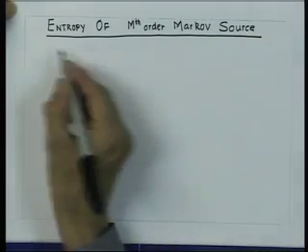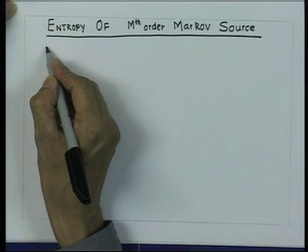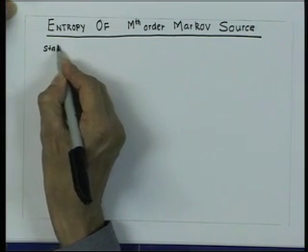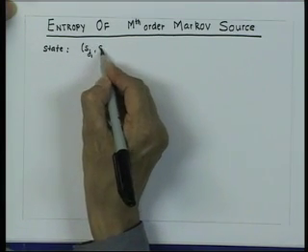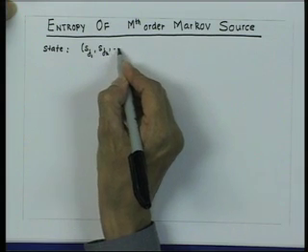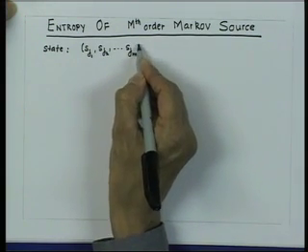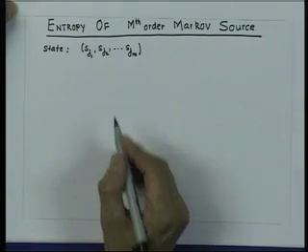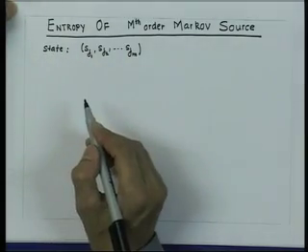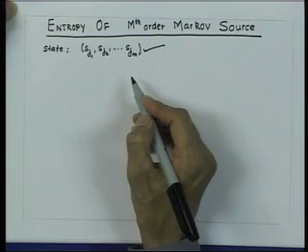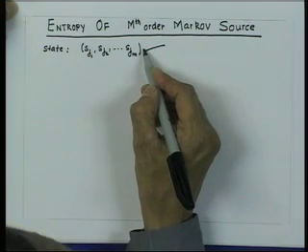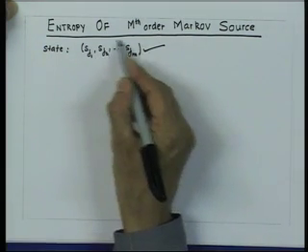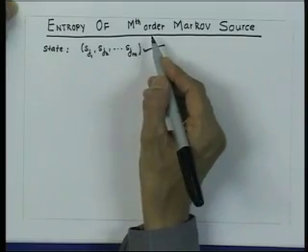So, let us assume that the source was in the state given by Sj1, Sj2 up to Sjm. If the source is in this state, then there are q conditional probabilities associated with this state, because the length of the source alphabet is q.